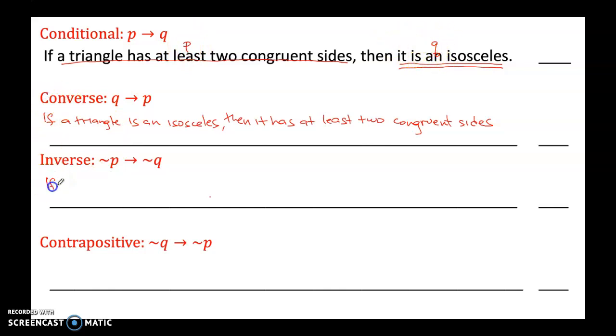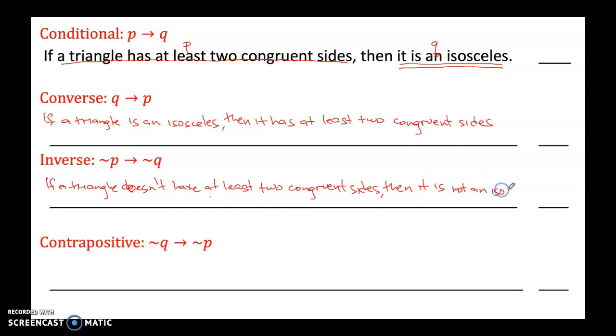So, if a triangle has no, or doesn't have, at least two congruent sides, comma, then it is not an isosceles.